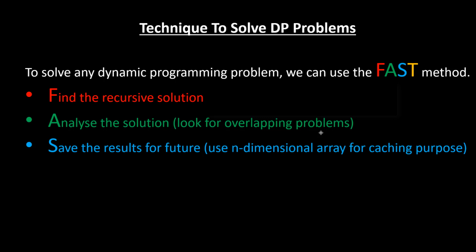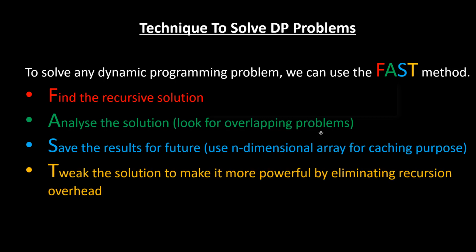So let's move on to the next one, which is now you have to tweak the solution to make it more powerful by eliminating recursion overhead. So if you are able to remove the recursion, manage to come up with a solution which is an iterative approach, then it becomes the pure DP solution, which is also called bottom-up approach.